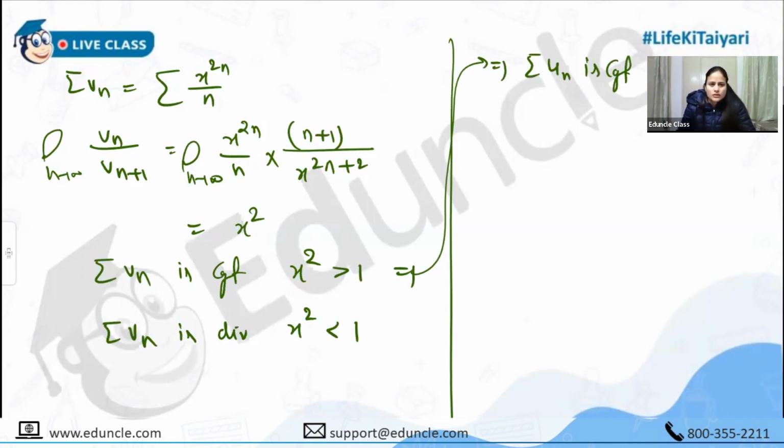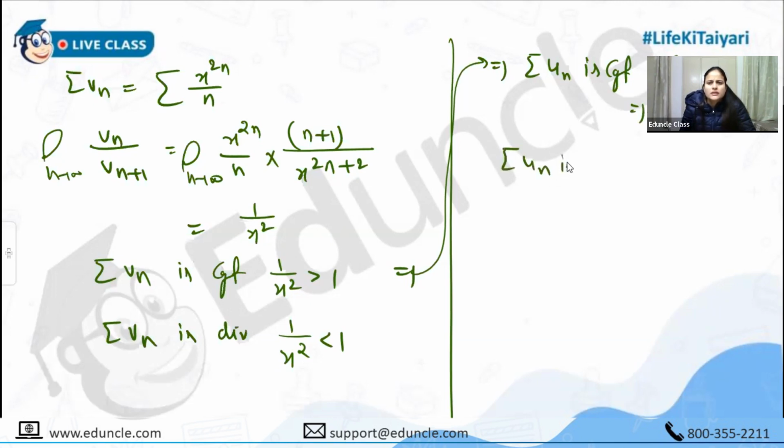Sorry, it's 1 by x square. Yes, it should be 1 by x square. So convergent if 1 by x square is greater than 1, and divergent if 1 by x square is less than 1. So convergent if x square is less than 1, that means mod of x is less than 1, and series Un is divergent if mod of x is greater than 1.